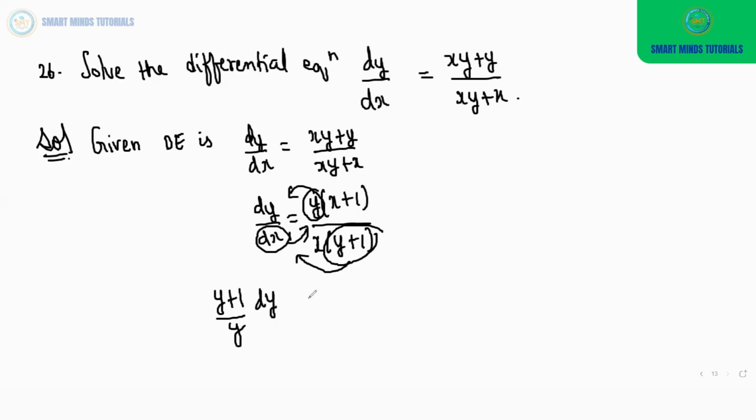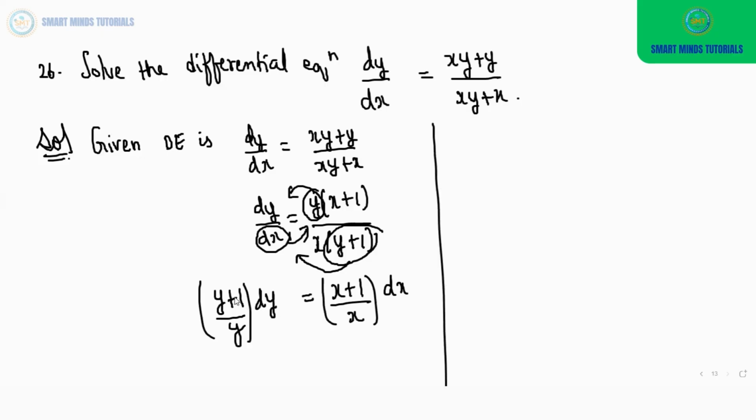So y plus 1 is in the denominator, it will come in the numerator. y is in the numerator, it will come in the denominator. (y plus 1) by y dy is equal to, here as it is, x terms will not change. (x plus 1) in the numerator and x in the denominator, dx will go there. Okay. Now, let us separate them. How to separate?